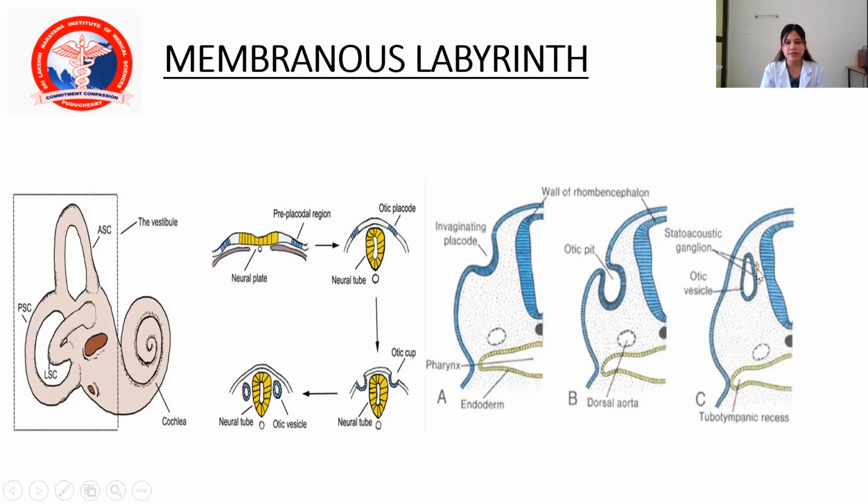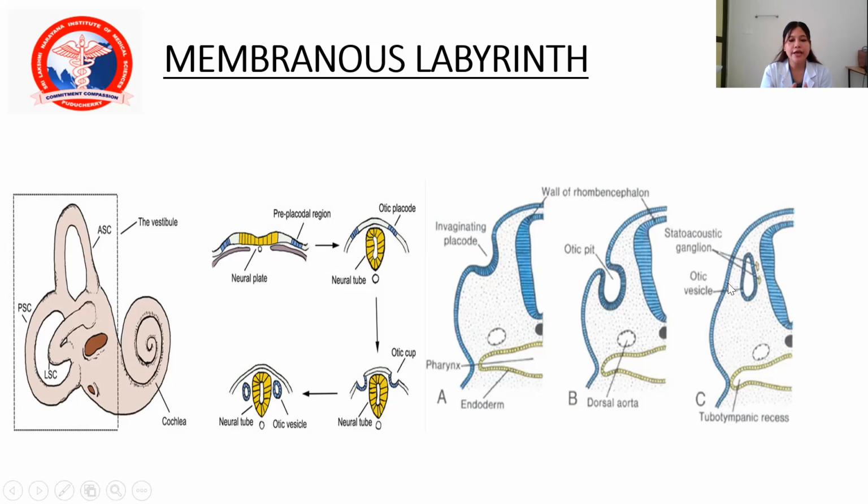So what is the otic vesicle? That is ultimately the primordium of the membranous labyrinth. These two edges of the otic pit or otic cup fuse together to form the otic vesicle.